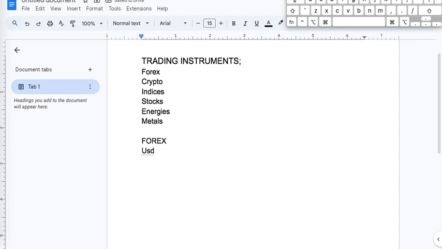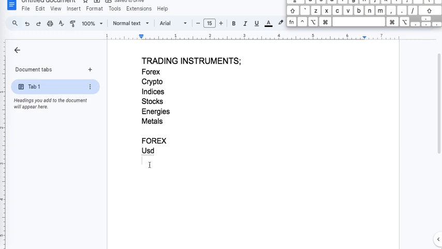For example, we have the euro, the Great Britain pound, the Japanese yen, the Swiss franc, the Canadian dollar, the Australian dollar, the New Zealand dollar.